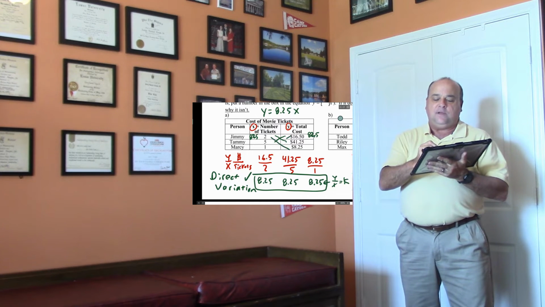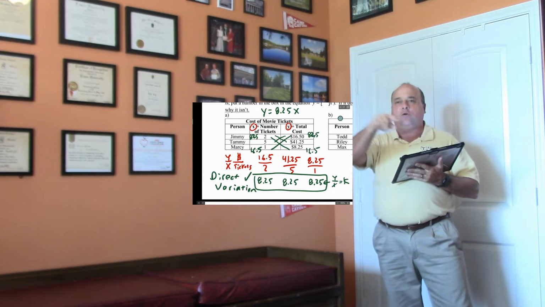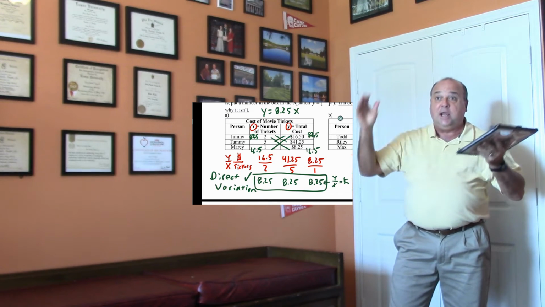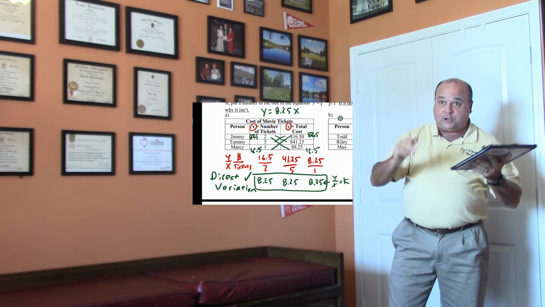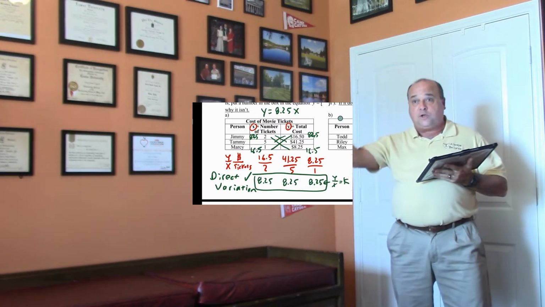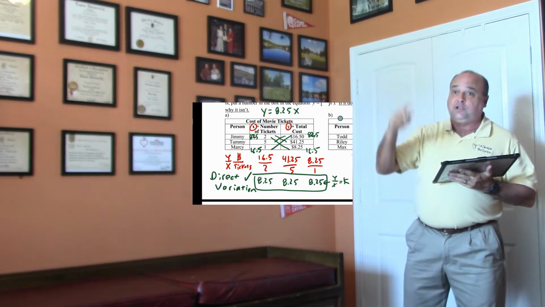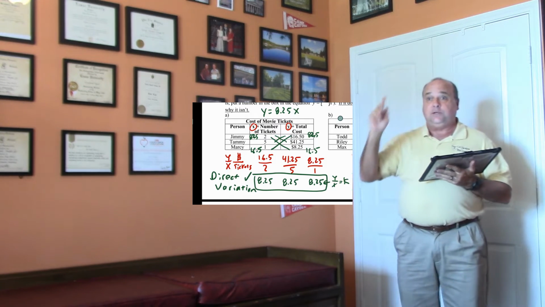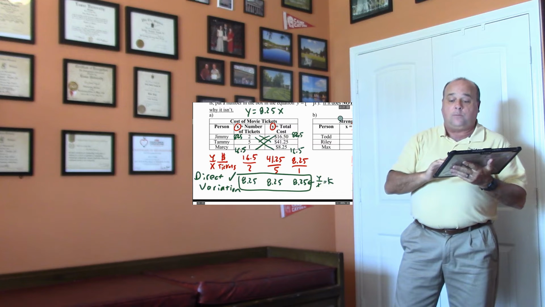If I multiply this times this, I would get 16.5, and I would get 16.5, wouldn't I? Any set of cross products are equal because the table has direct variation and it is proportional. Direct variation and proportional is the same thing. But you're not going to make a proportion here. You're going to make a y equals kx equation, which you will get when we get to the word problems later.